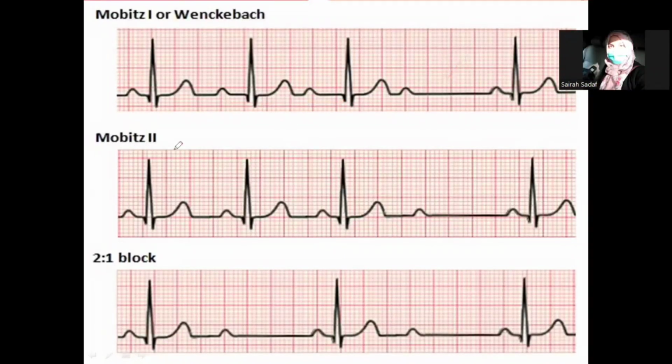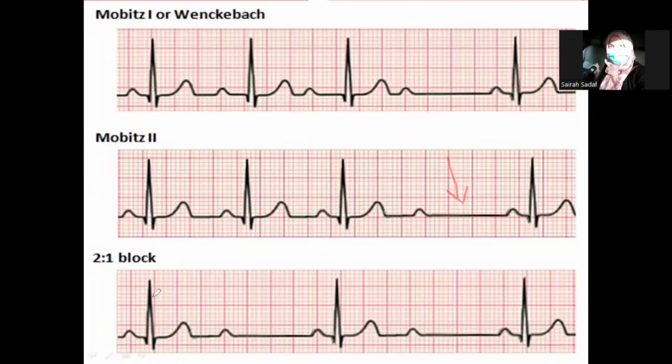And in Mobitz type 2, so what's happening here? The husband is coming home. Sometimes he comes home and sometimes he doesn't show up. And whenever he comes home, it's always a normal PR interval, normal PR interval. And then suddenly it just dropped.